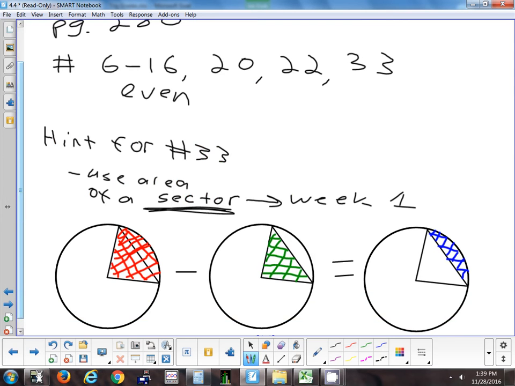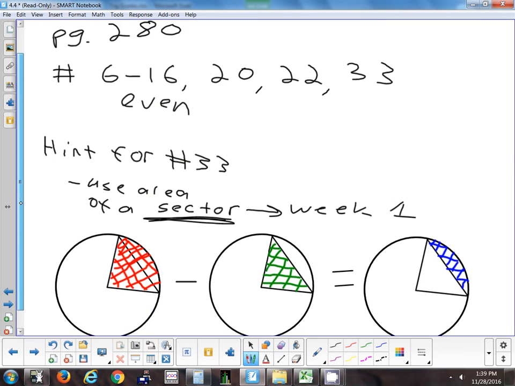Does that idea make sense? What page is it, Mr. Hager? That's page 280. Okay, I'm not telling you how to find what's in red and how to find what's in green, but that's the concept. Find the area of the red portion, find the area of the green portion, and subtract them. And you'll be left with what's in blue.